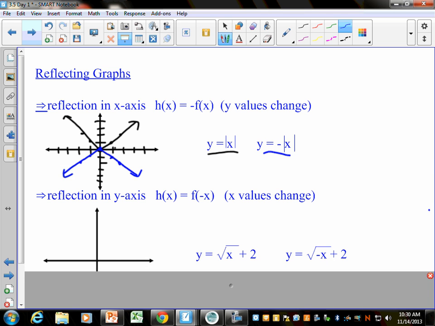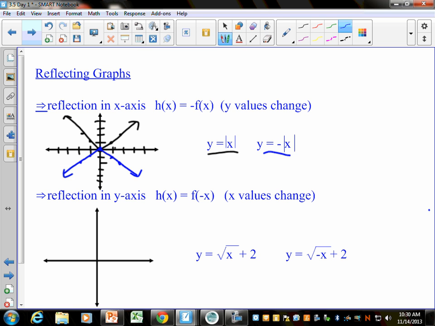And again, I'll just show you a graph here of this. And again, notice my problem here. I actually threw in a +2 at the end also.